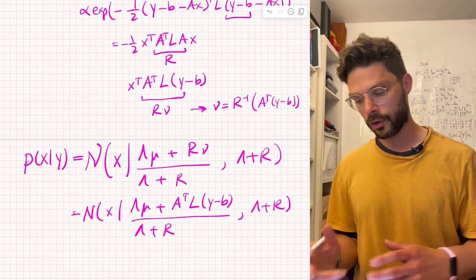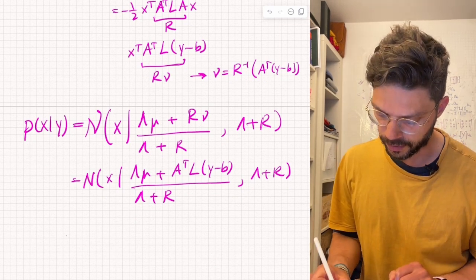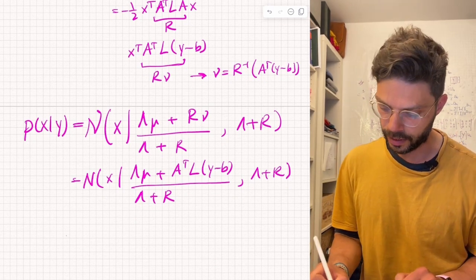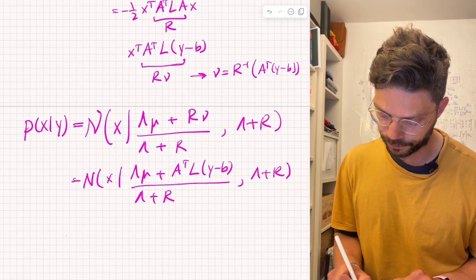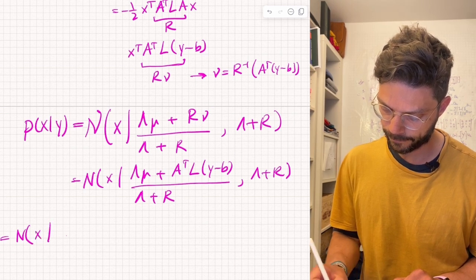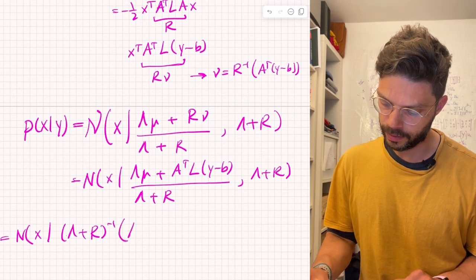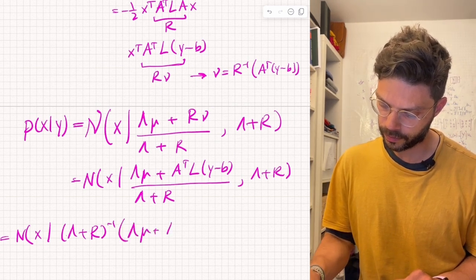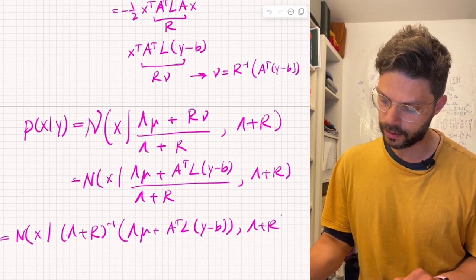That's where you actually have to work out that this is going to be a left multiplication. So we're going to get minus 1 times, and our precision is going to be that.